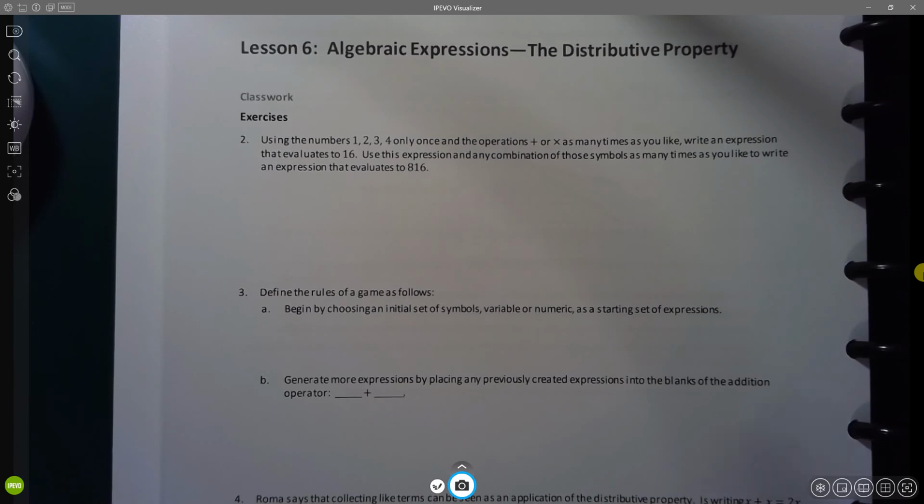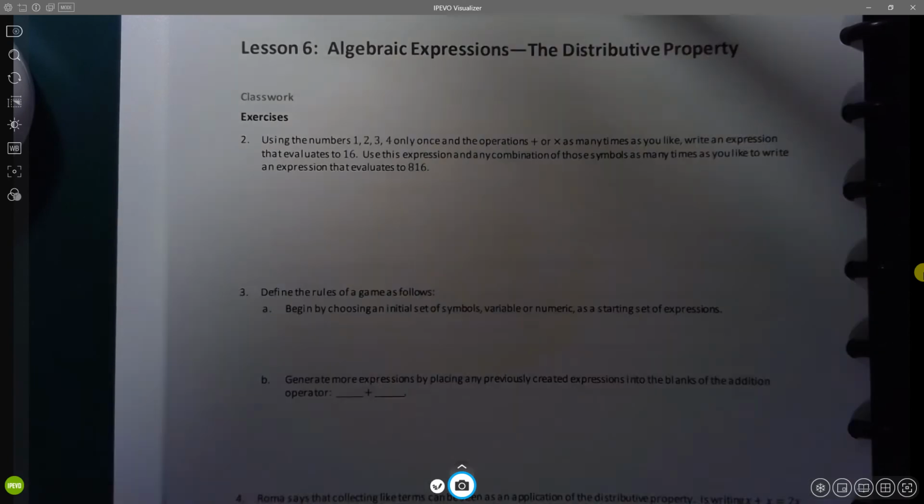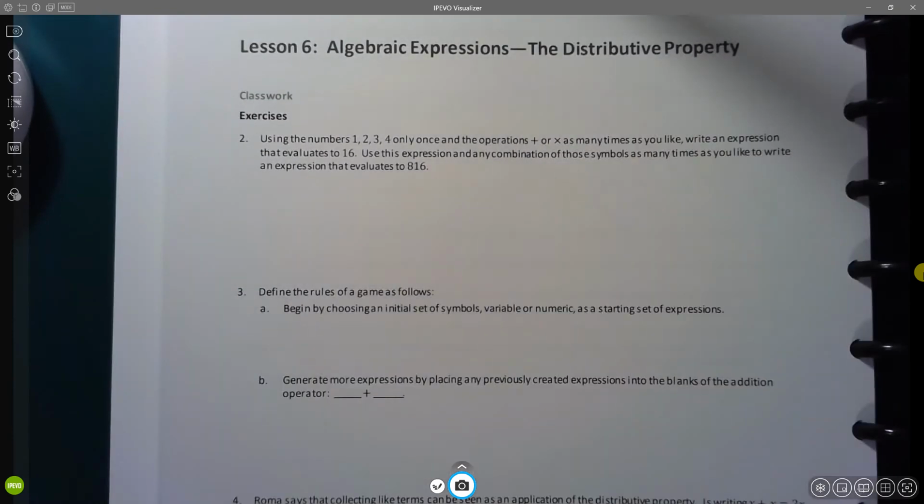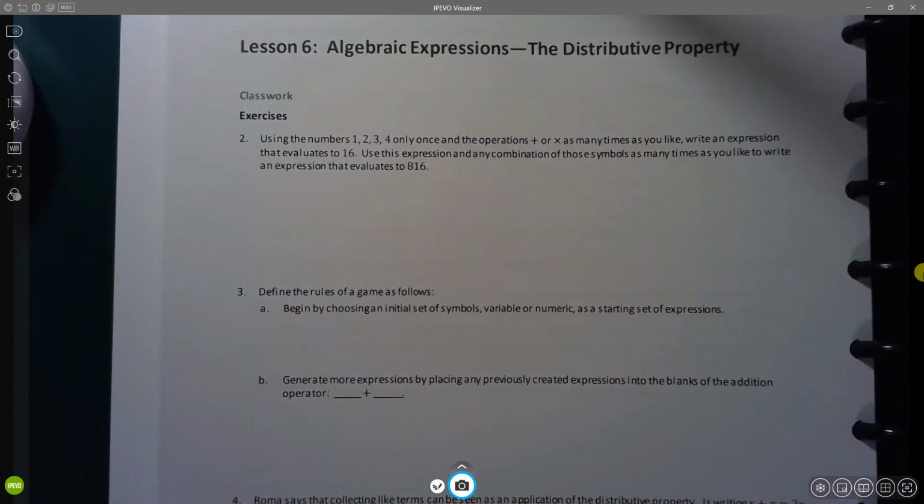I'm going to keep my mouth shut, because I want you to do this on your own. You all should be able to come up with a variety of possible answers so we can all discuss and practice them in the morning time. So exercise 2 I want you to do on your own.